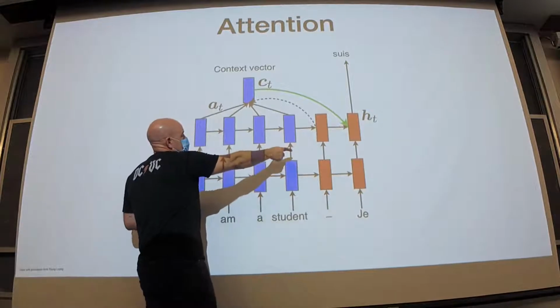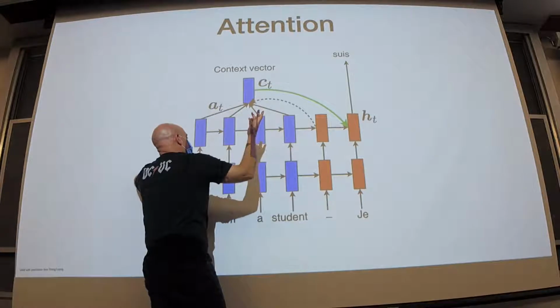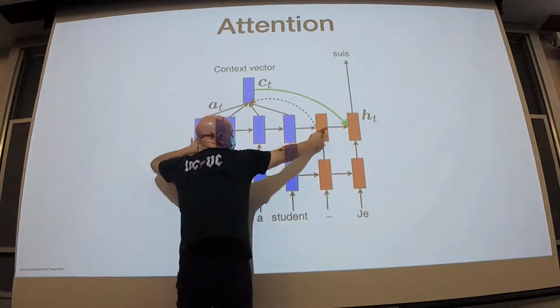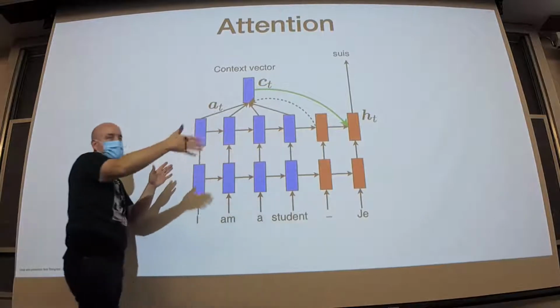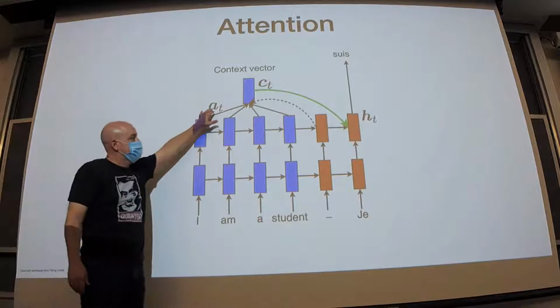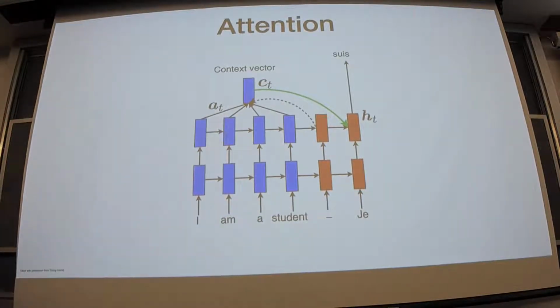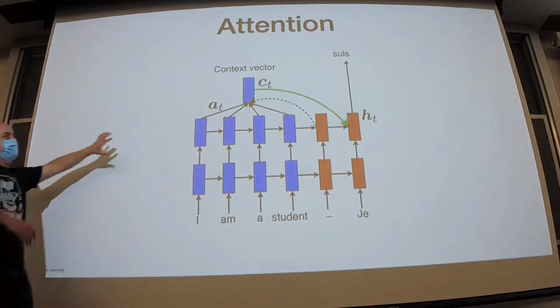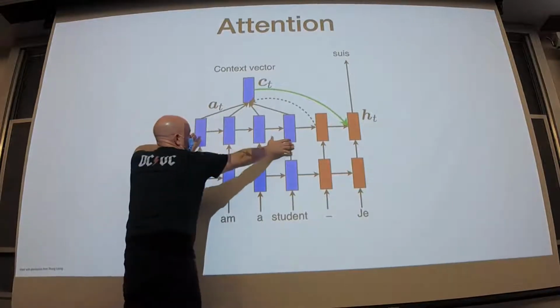You then used that and had some sort of way of scoring the similarity between this hidden state and the hidden states from the encoder, from each stage of the encoder. That gave you a set of coefficients. So we applied a softmax there, so we got a probability distribution. So the coefficients here, this is a vector of coefficients, one for each stage here.